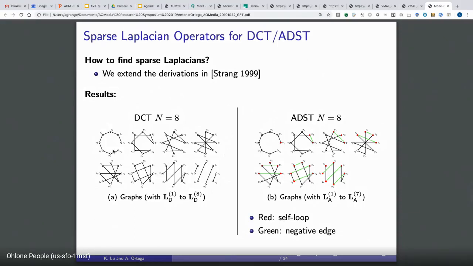So you have 8 pixels connected in a line one to the other. You can reconnect these pixels in all of these different ways and achieve the same eigenvectors as a DCT, but with different eigenvalues, right? So what changes is that, for example, the lowest frequency in the DCT, or the highest frequency in the DCT, may turn out to be a lower frequency in one of these graphs.